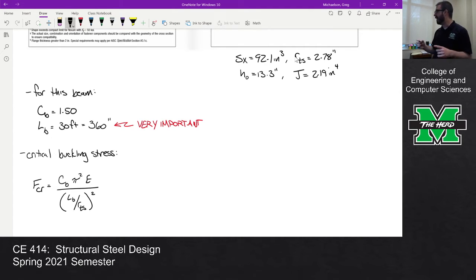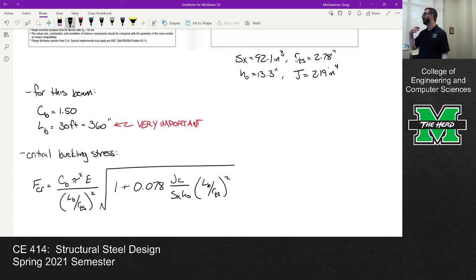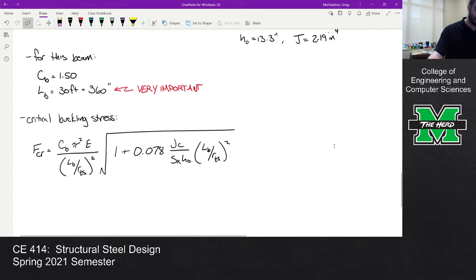Then we multiply it by this expression: 1 plus 0.078, a fraction multiplied by that slenderness squared, and all that is under a square root. It's a little nasty, but it's plug and chug. One of the purposes of today's lecture is I want everybody to do this one with me to make sure you're getting the same answer that I do. So we just chug this out.